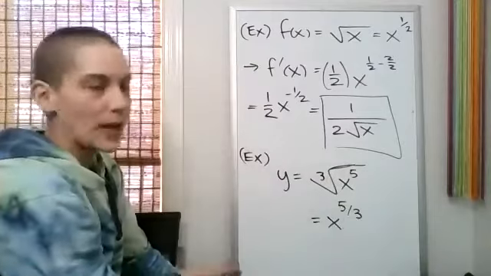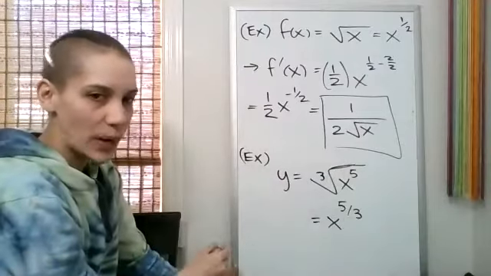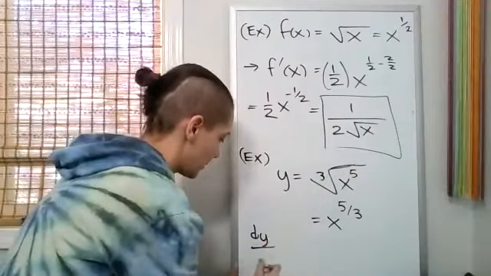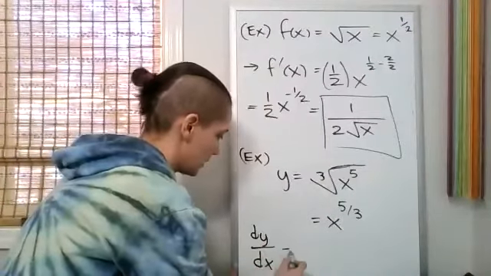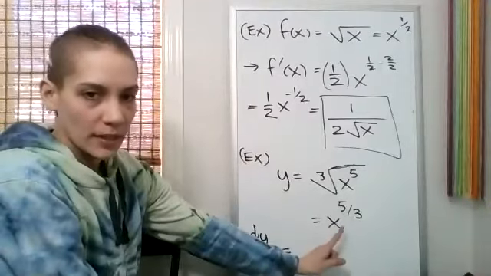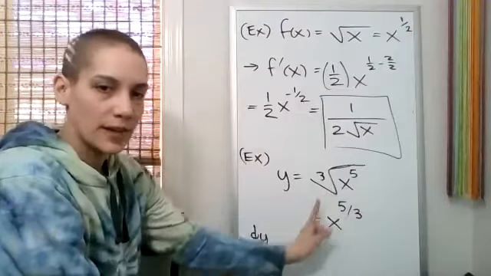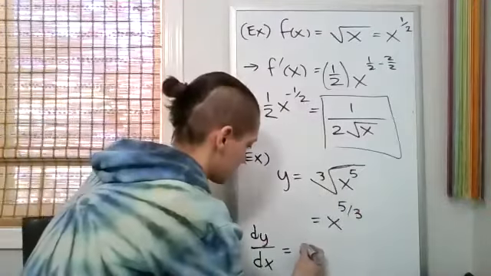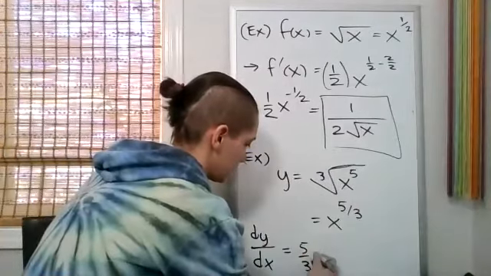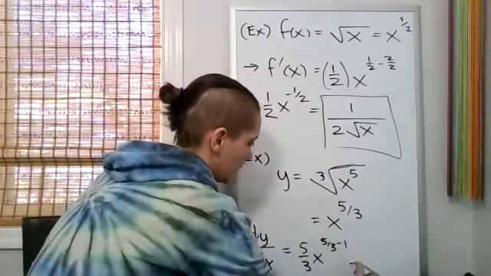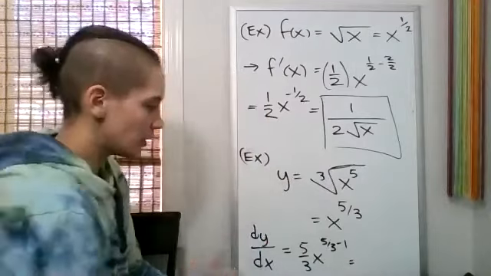You could write y prime or dy dx, the derivative of y with respect to x. Take the variable x and use the power rule. 5/3 times x to the 5/3 minus 1. So it'd be a power of 2/3.